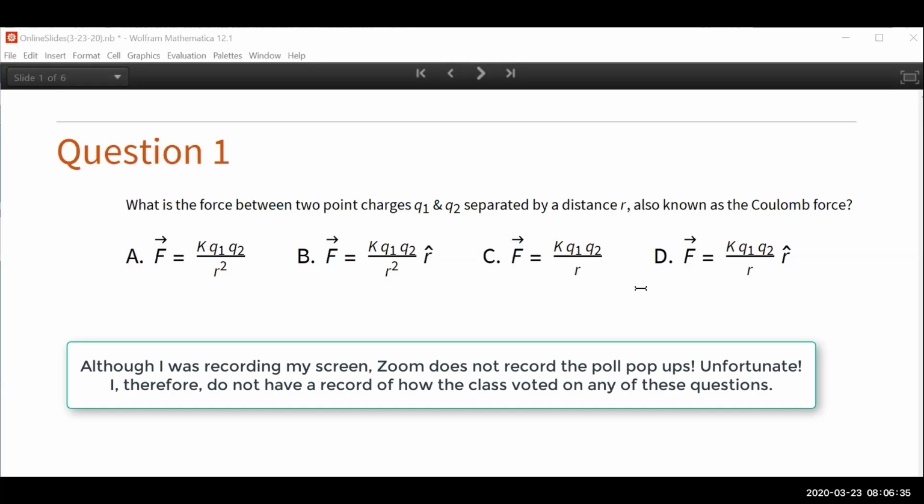There's going to be one correct answer, and I would expect you to vote within, let's say, 30 seconds to a minute. Okay, so I'm going to wait a little longer. See some votes coming in.